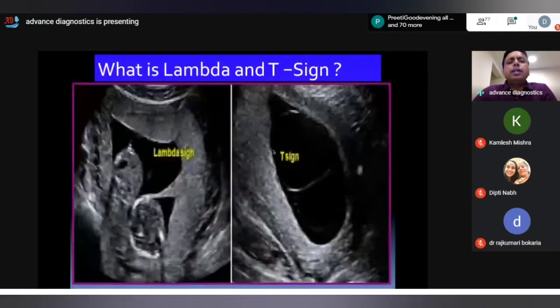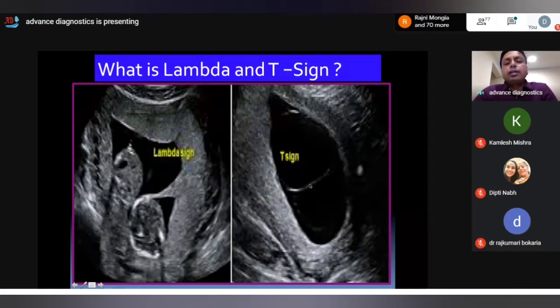So what are the lambda and T signs? In the dichorionic pregnancy, the placenta travels all the way to the midline. So there is a thicker membrane because there is not only the amnion, there is the chorion as well.